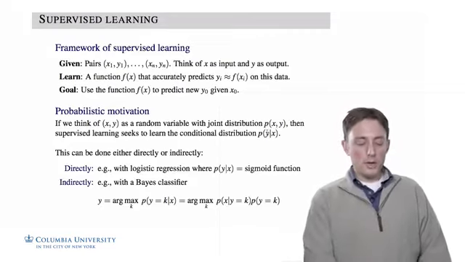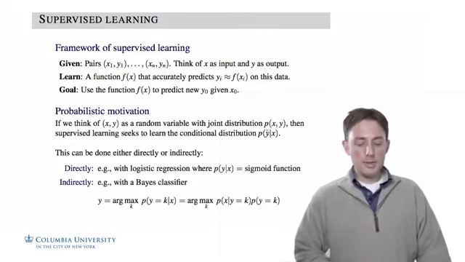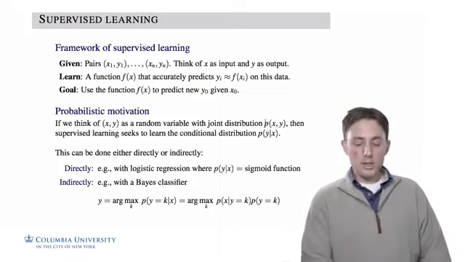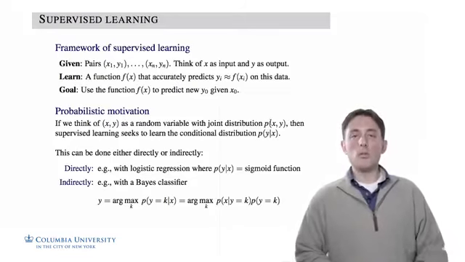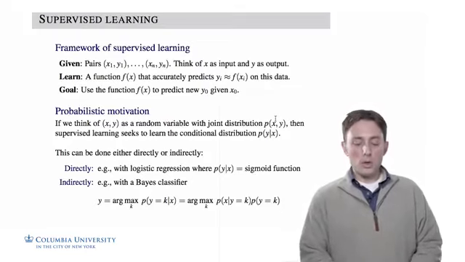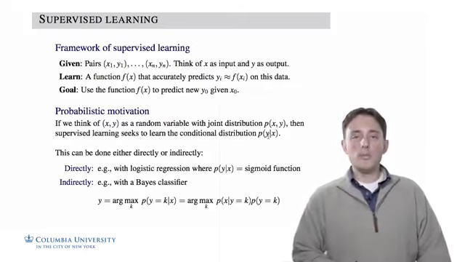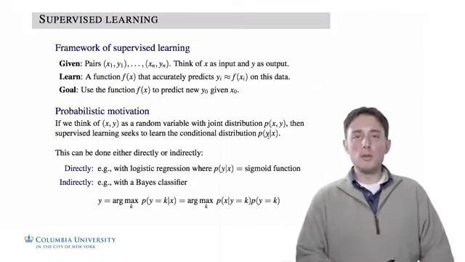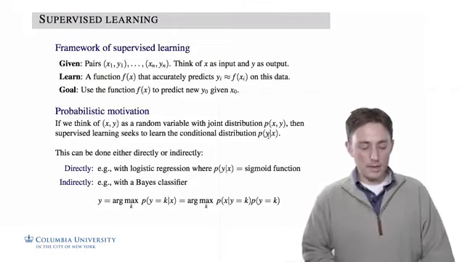And then we thought of supervised learning as trying to learn the conditional distribution of the probability of y given x. So there's some joint distribution, but we get to see some pairs from this joint distribution. But then we want to learn the conditional distribution so that we can predict y given x.